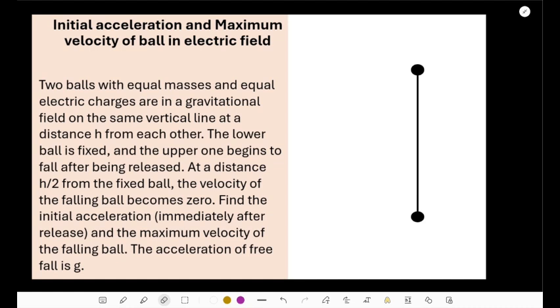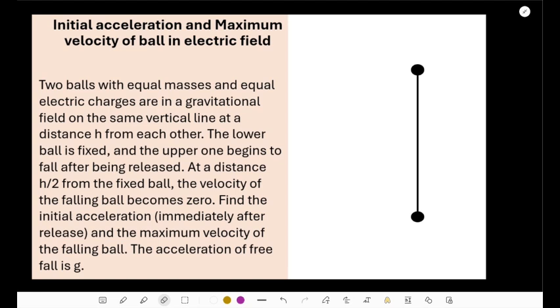That means the repulsive force balances the force of gravity. But simultaneously, we need to find out the initial acceleration. And how can we do this?